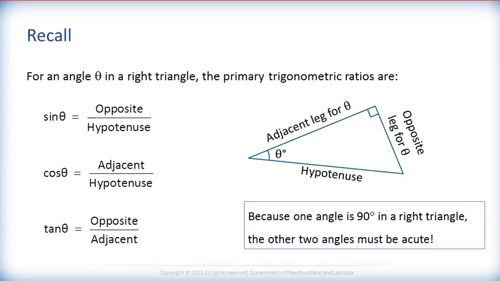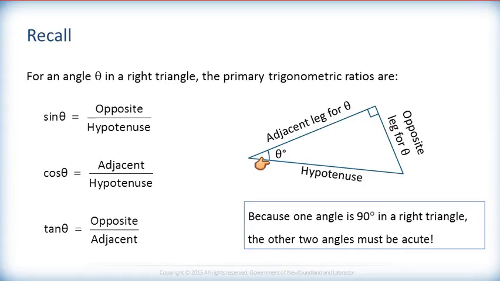Quick recall. If you have an angle, we'll call it theta, in a right triangle, the sine of that angle is equal to the opposite leg divided by the hypotenuse. Cosine theta is equal to the adjacent leg divided by the hypotenuse, and tan theta equals opposite over adjacent.